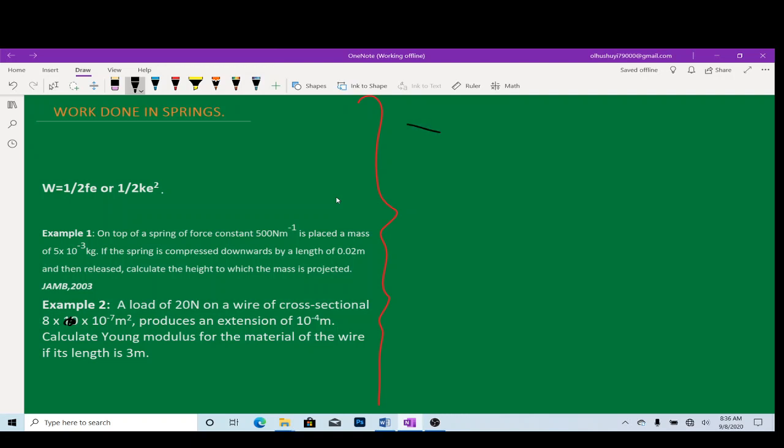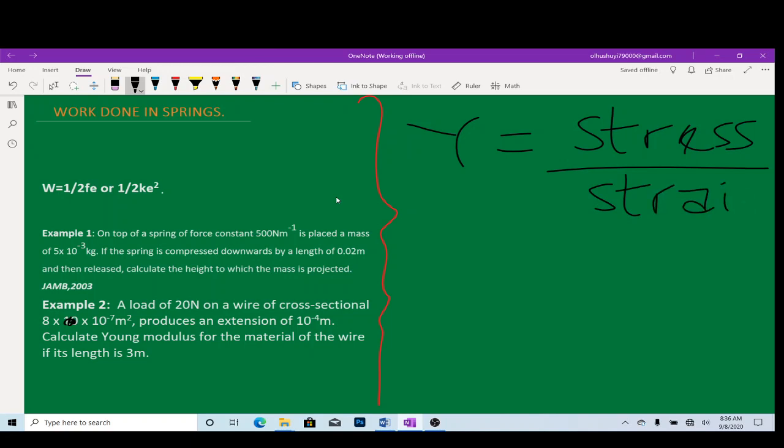Of course, you should know Young modulus is equal to what? Stress. Let me just write stress. Tensile stress upon tensile strain. You should know that.